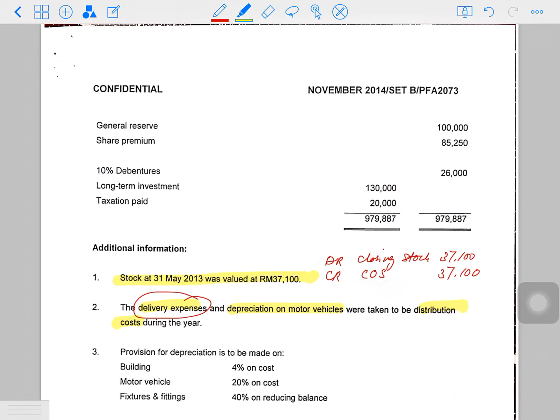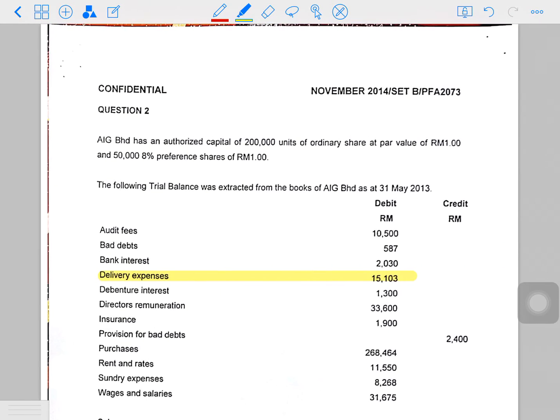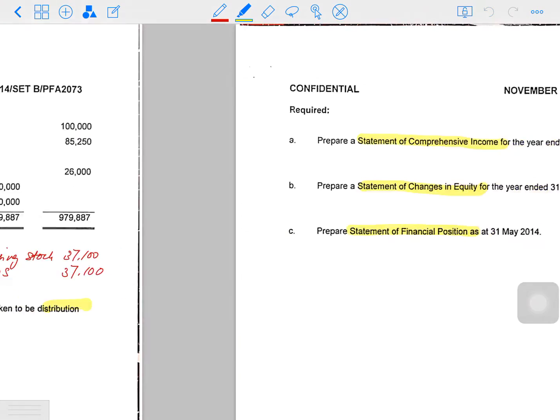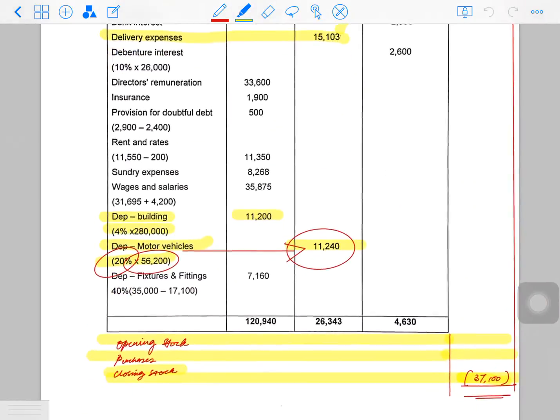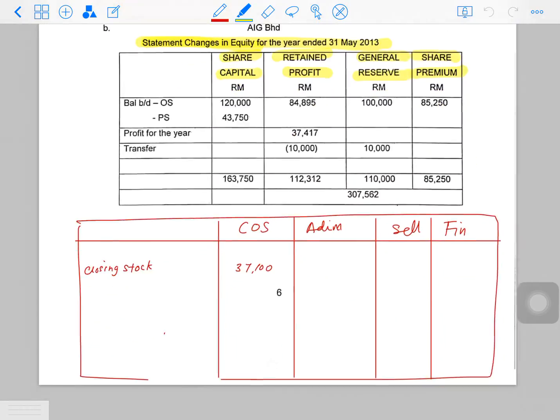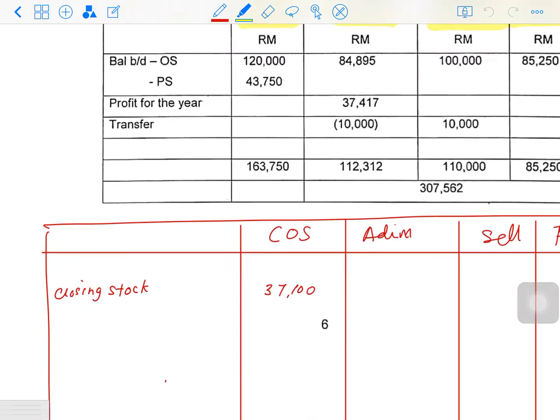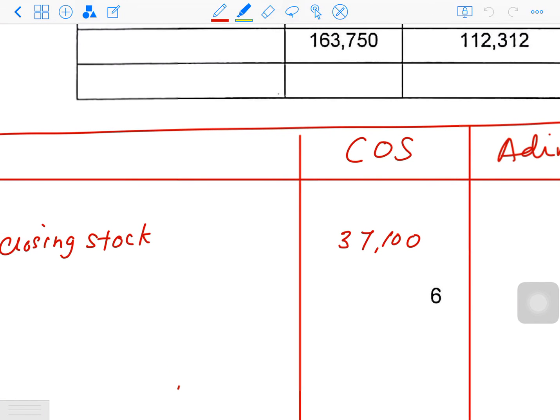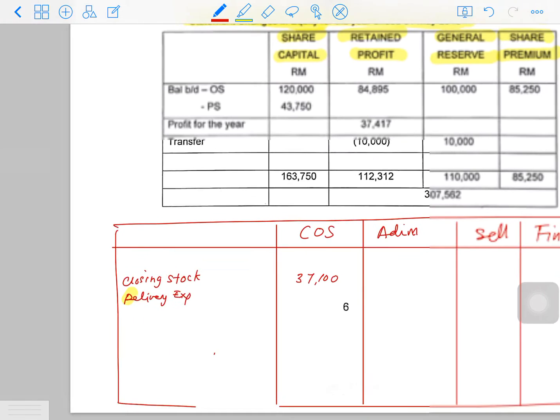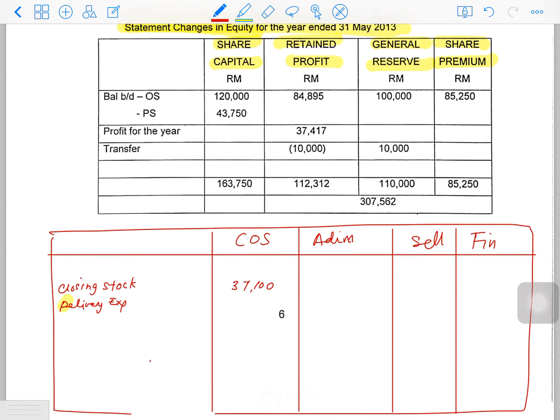So 15,103 delivery expense. You need to categorize delivery expense as selling and distribution expense.